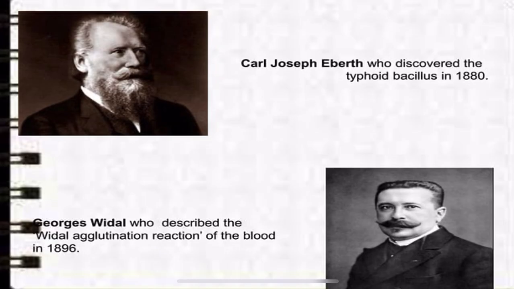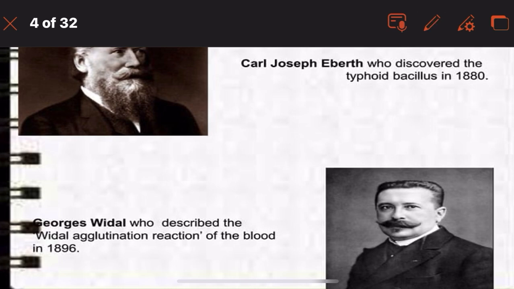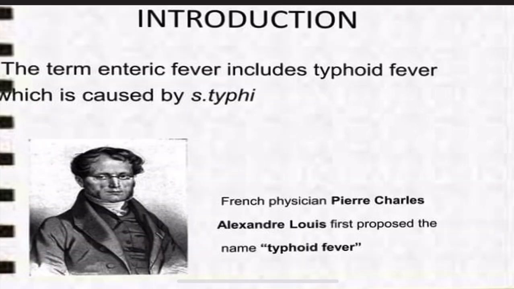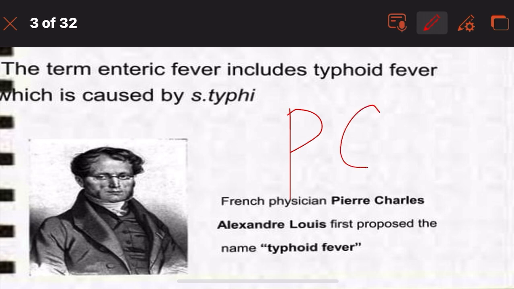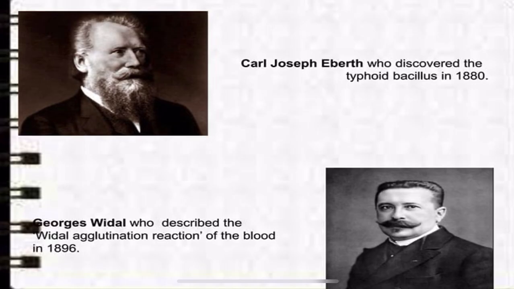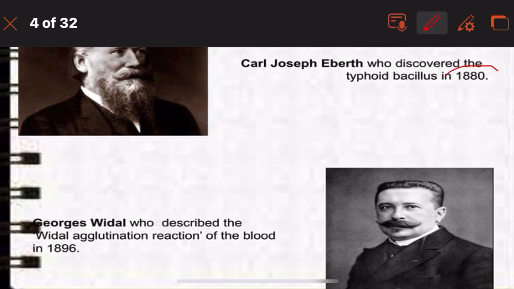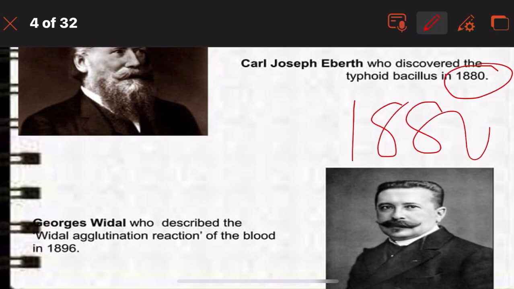Carl Joseph Eberth was the one who discovered the typhoid bacillus in the year 1880. The name was given by Pierre Charles Alexandre Louis, and the bacillus was discovered in 1880 by Carl Joseph Eberth.